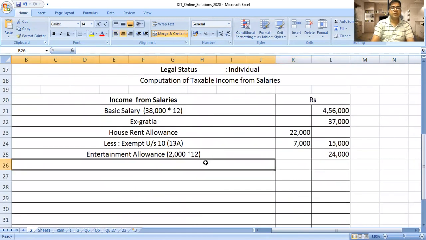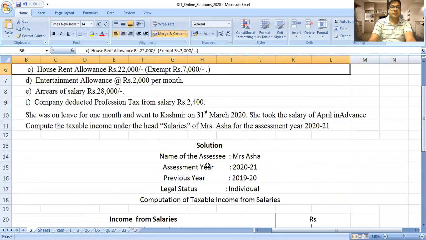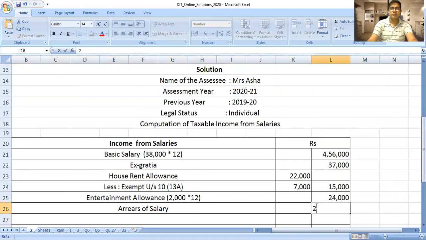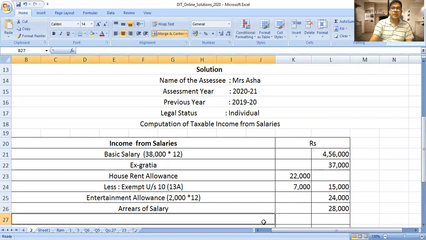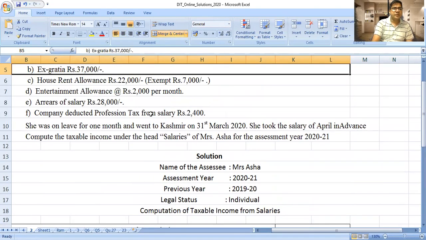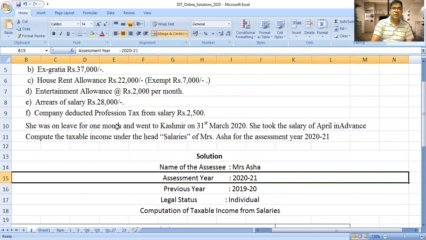So we have to write here arrears of salary, and the arrears of salary value is 28,000. So we have to put it as taxable. After recording arrears of salary, the next item is professional tax. We have to always put it as 2,500, and we have to do the deduction.